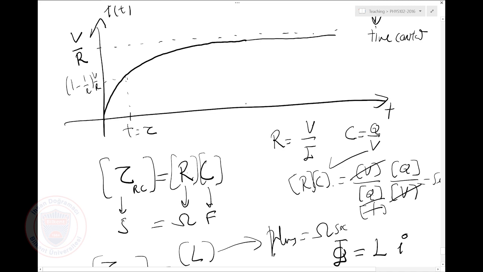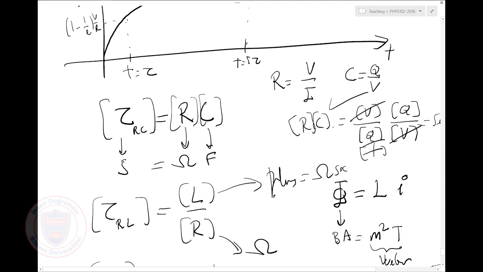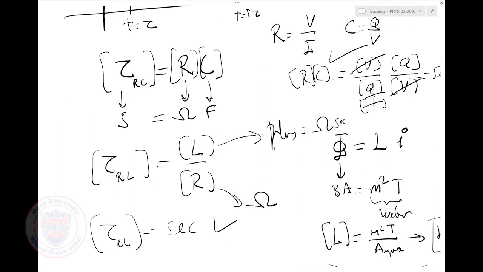If I wait for, I don't know, t equals 5 taus, I would already reach more than 90% of my final current. But the larger the inductance, the larger my time constant is. What does that mean? It means it takes more time. If I put in a big inductor there, it's harder to change the current value. Right?